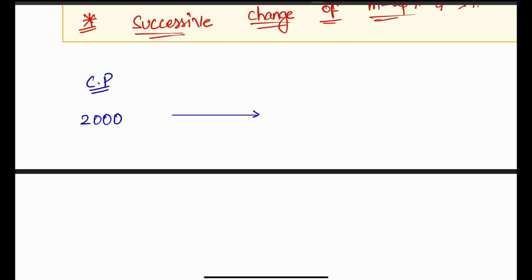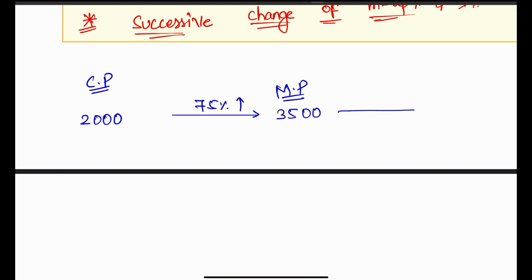So he will set a mark price 75% more, a 75% increase. So how much will it be? It will be 1500 rupees, right? 50% of 2000 is 1000, and 25% is again 500, so it will be 1500. So the increase is 1500, and eventually the markup price will be 3500.